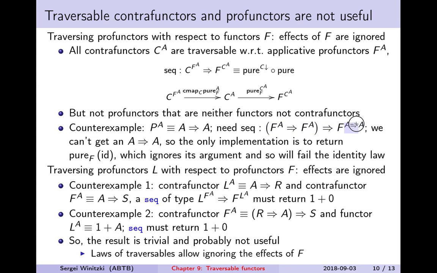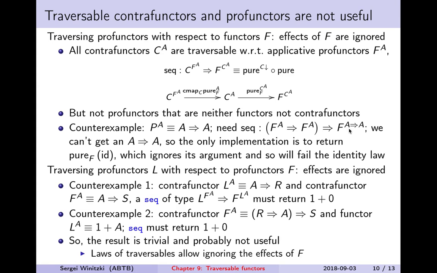We cannot get an F of A to A unless we somehow get an A to A first. But we can't. There's no way to extract A to A out of here. So we can't get an A. We can't get an F of A. And so there's no way to do this.